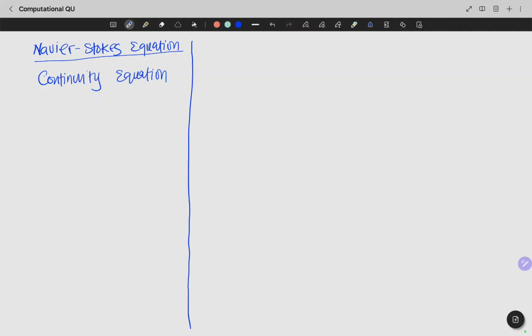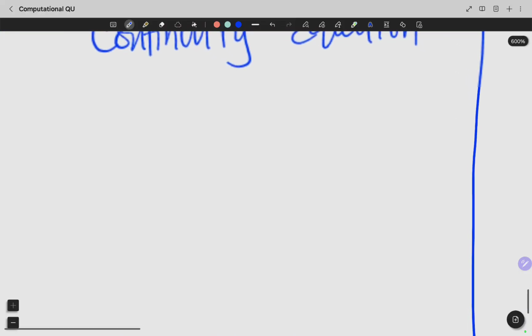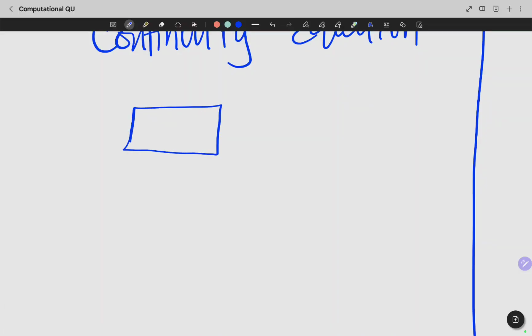Alright, now consider a container. We'd like to study the mass of liquid going into this container and compare with what is going out. So, mass in and mass out.